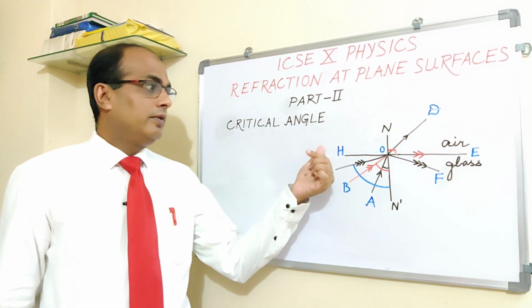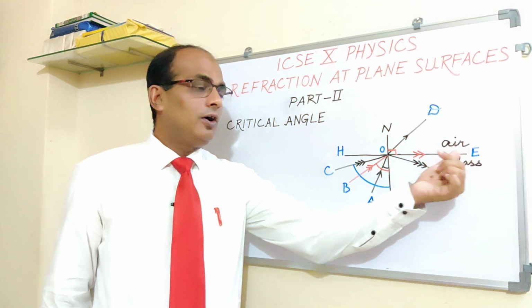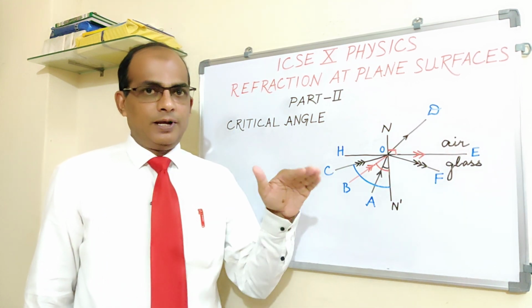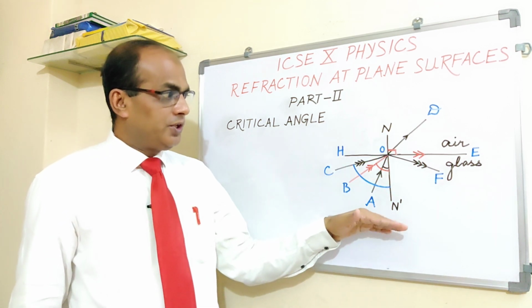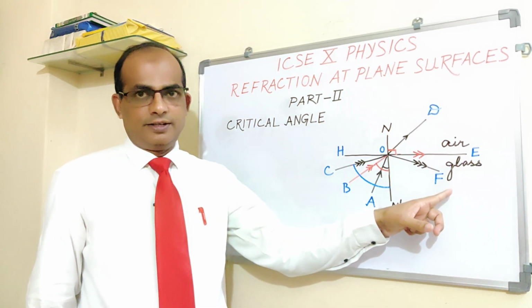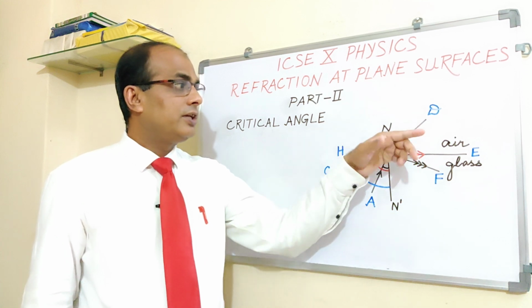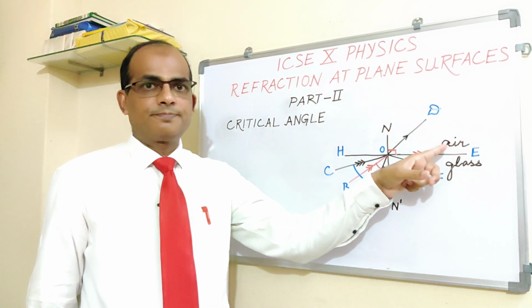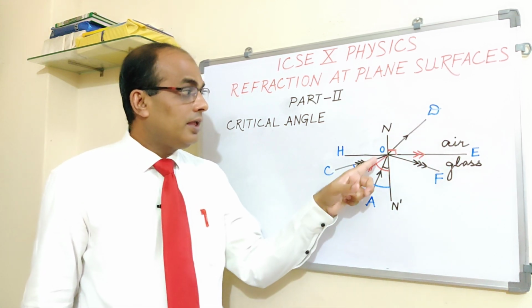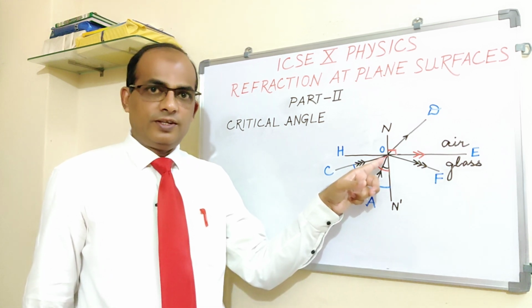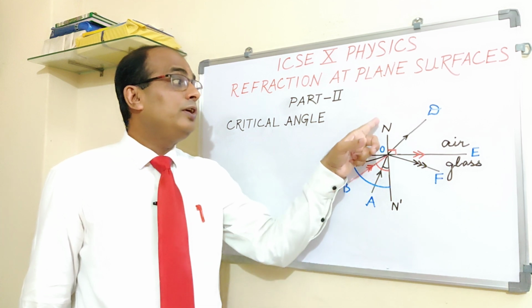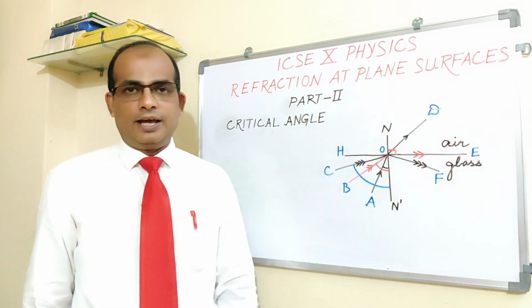Alright? So once again listen, HE or EH is the plane. Below EH, it is glass, denser medium. Above EH, it is air, that means rarer medium. O is a point, the point of incidence. At O, we draw normal N dash.